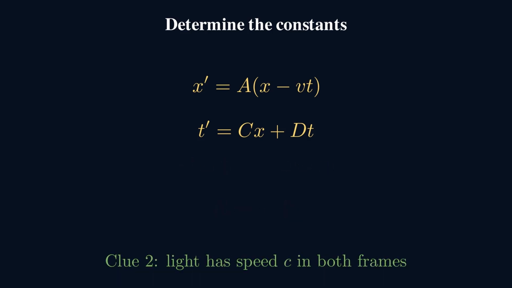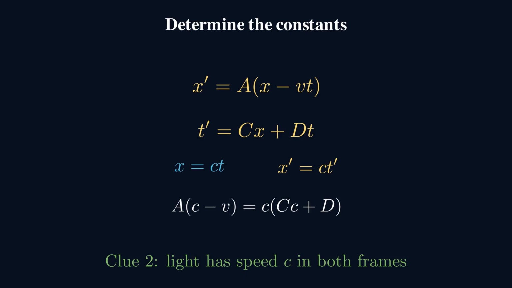The second clue is that light has the same speed c in both directions. So it travels a distance x in time t and travels a distance x prime in time t prime. If we put these two relationships in the two yellow equations, we get this relationship here. And we can cancel t from both sides, which gives us a simpler relationship as follows.